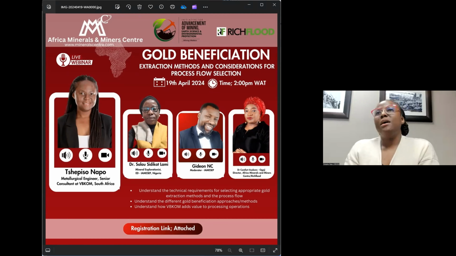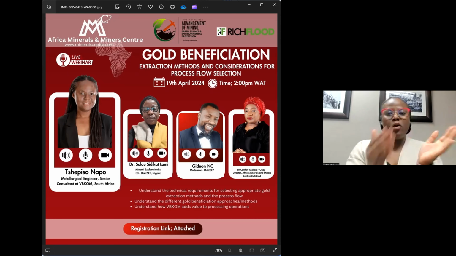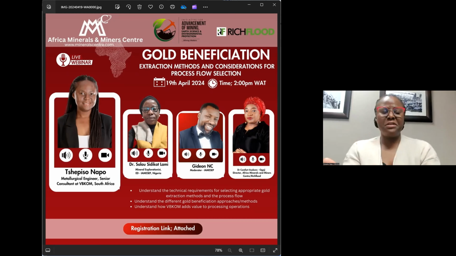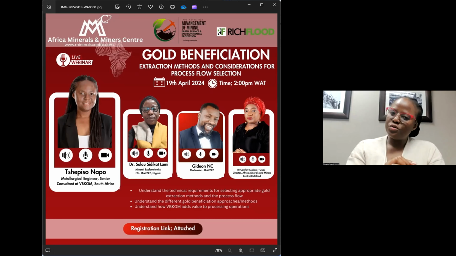I'm going to get into it in the next part of the presentation, but essentially, if you have a complex ore, your pre-treatment stage will typically be before leaching. You'll have your comminution stage where you liberate your gold minerals, crush it, and grind it to your optimal size. Then, depending on whether you've got coarse or fine-grained material, you can opt for a gravity concentration circuit using something like a Falcon or an Elson or even shaking tables to get your coarse gold out.